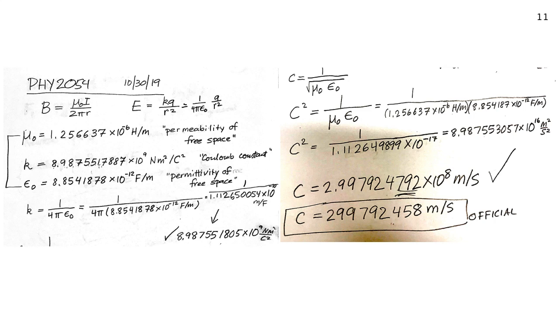So this stuff comes out to 8.98755 1805 times 10 to the 9. And so that's going to be Newton meters squared per Coulomb squared. All right, and that is pretty close to K up here. All right, so that looks good.